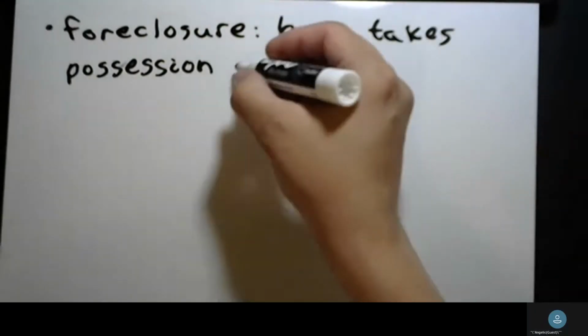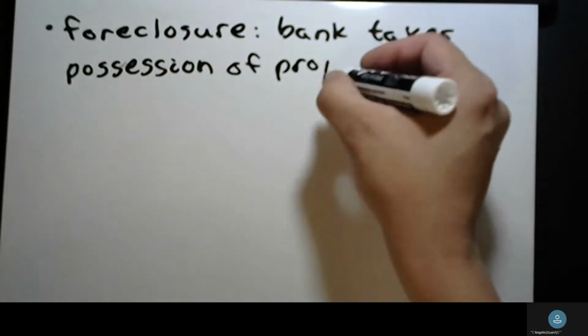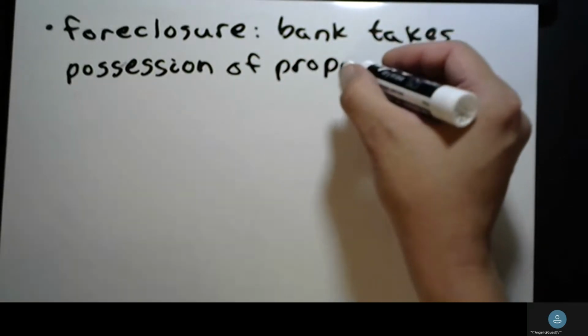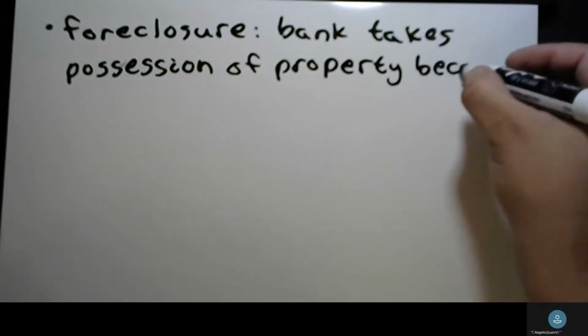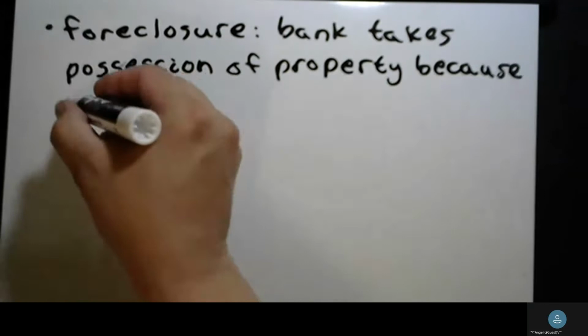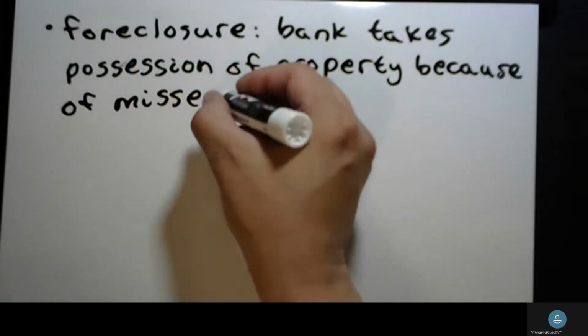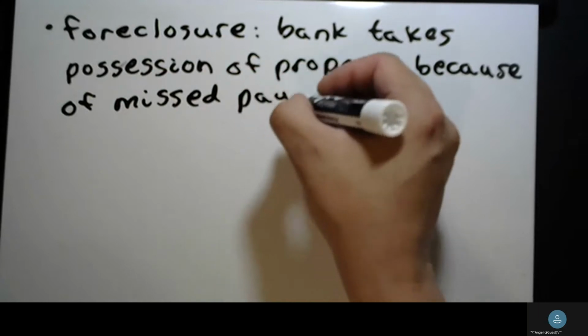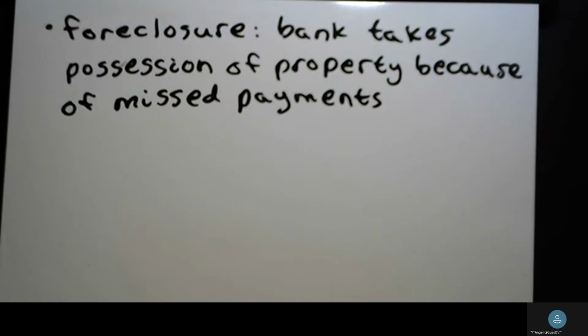So foreclosure is where the bank takes possession of property because of missed payments. And we're going to get into how to calculate these mortgage payments. There's two kinds of mortgages they talk about.